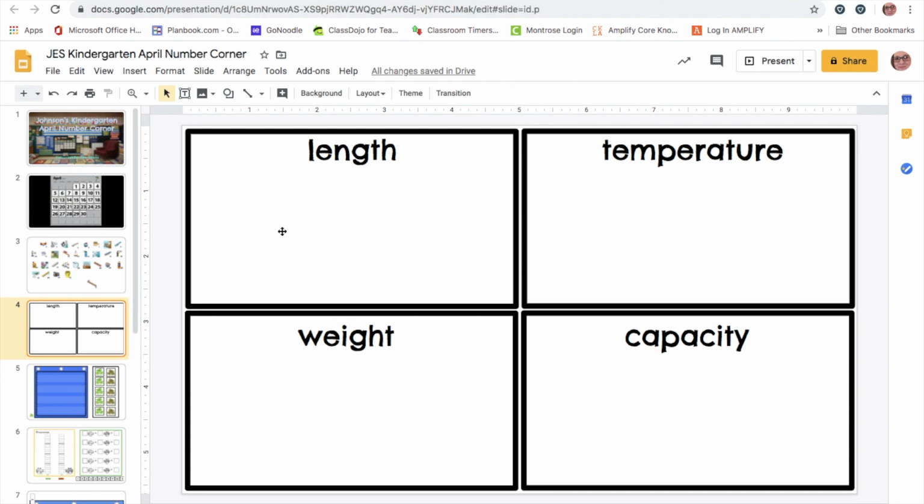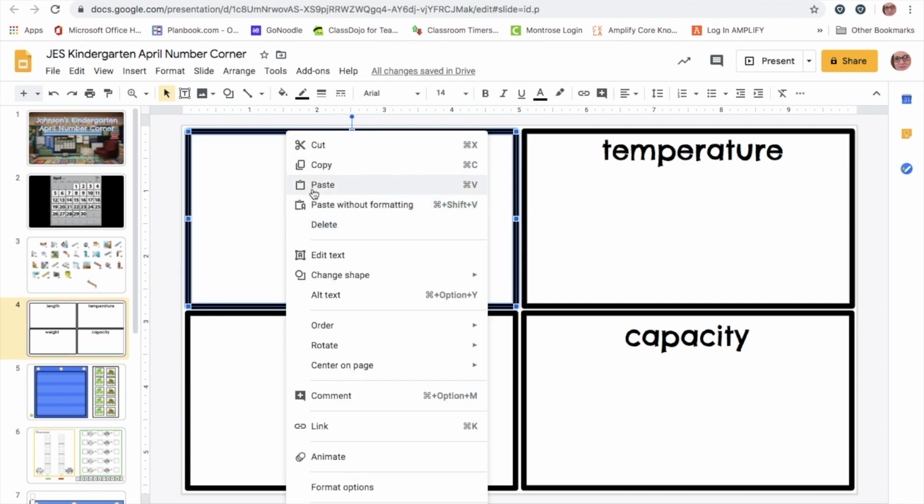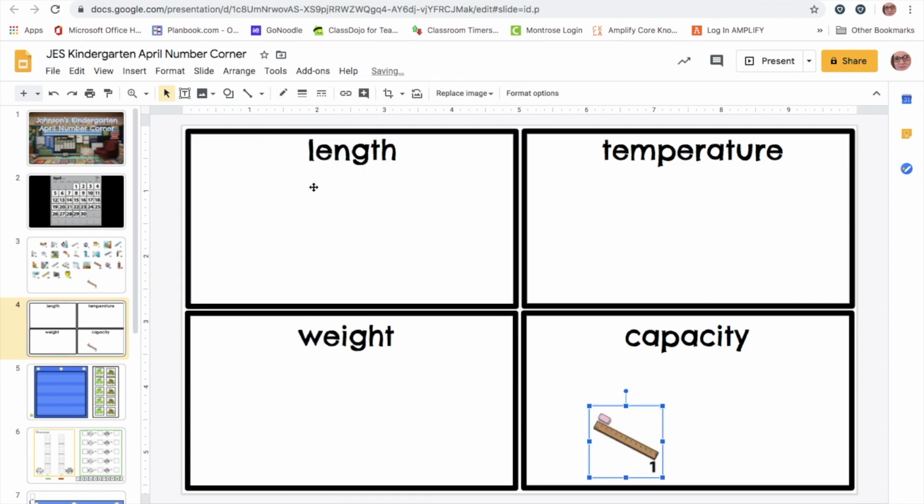So we are going to actually put this calendar marker up here in this box. And this word says length. We use a ruler to measure the length of objects. Remember, that's how long or short something is. Good job, friends.